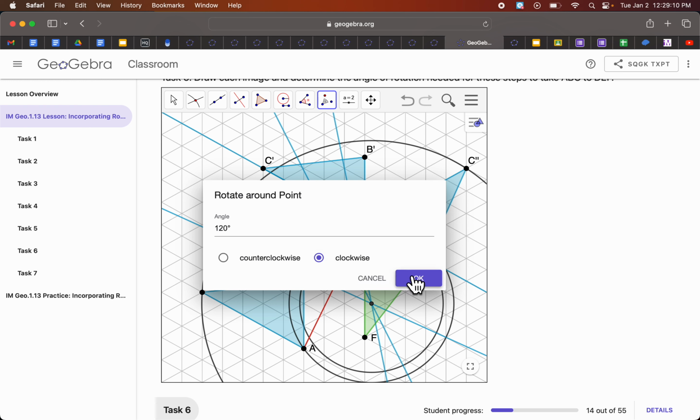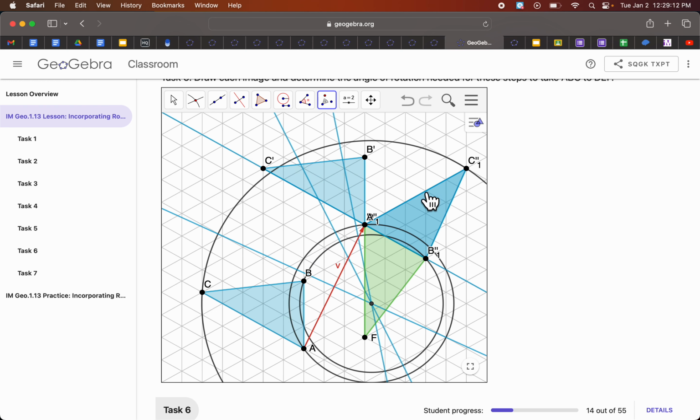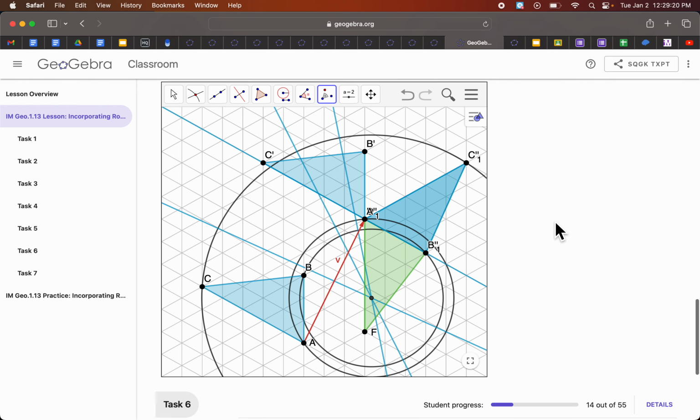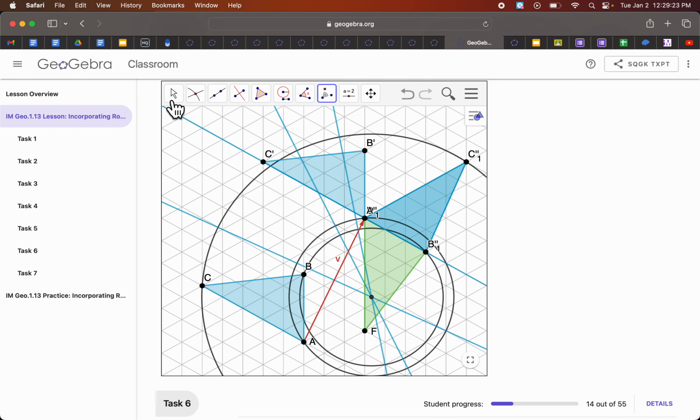And watch what happens. Boom. Hey, it landed perfectly. Notice that this triangle is darker. Ta-da! And then we would do our last step, which is just to reflect it across that line, and we would get exactly where we needed to be. All right? Cool.